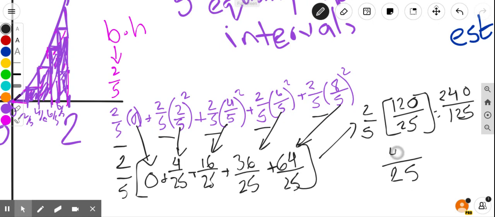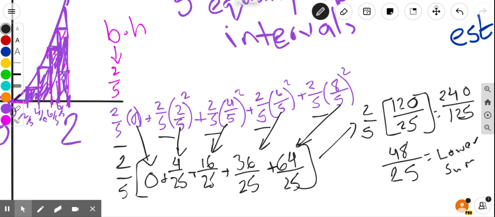And that should be 48 over 25. That would be the lower sum. So I know that the integral that I'm looking for has to be at least 48 over 25 units. Okay? And hopefully you understand why it's lower.